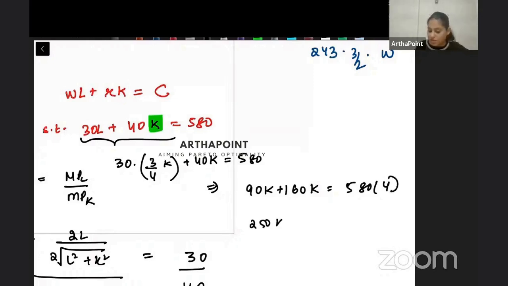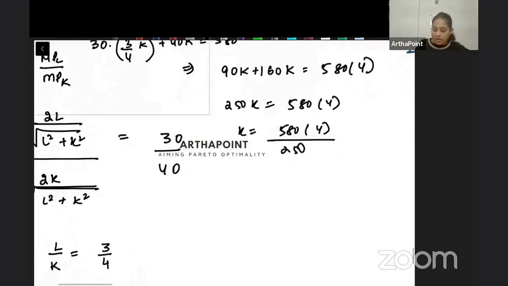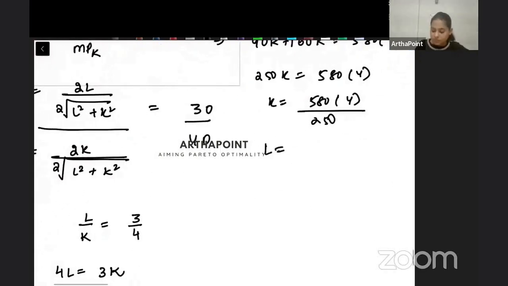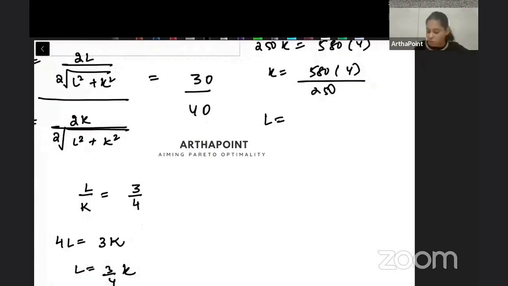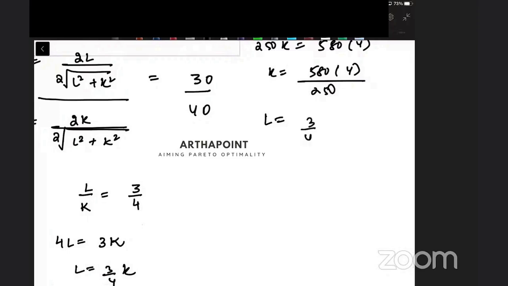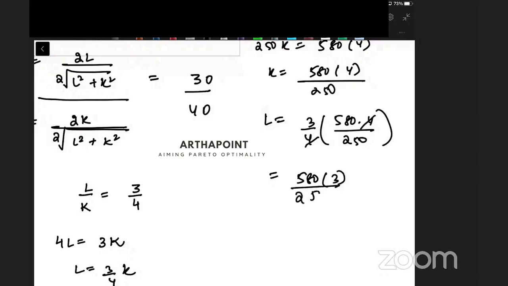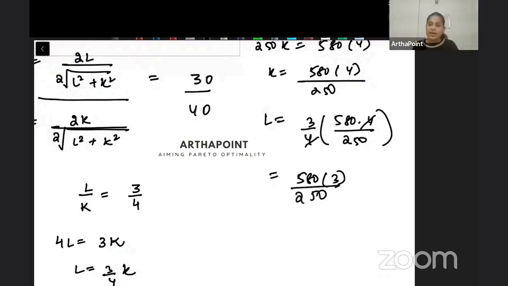So 250K equal to 580 into 4. So K will be 580 into 4 by 250. And L will be 3 by 4K. So L is going to be 3 by 4 into 580 into 4 by 250. So 580 into 3 by 250. These would be your L and K. Just go ahead and let's just use the calculator quickly and solve these.